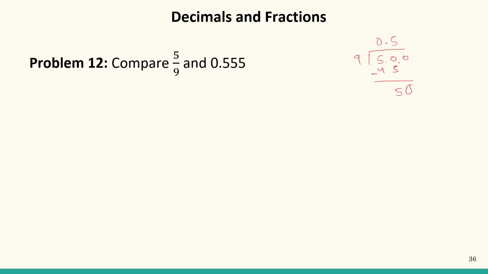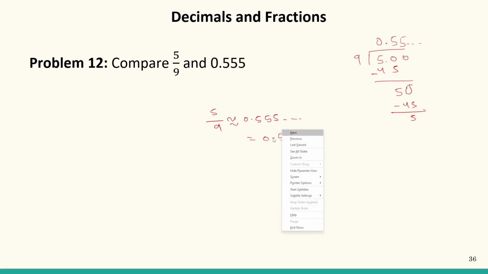We can get a 0 down here, and then we can again write 5 and minus 5 is 5. So we can again see the same repeating sequence here. So 5/9 is equivalent to 0.555 and so on. That can also be written as 0.5 bar.